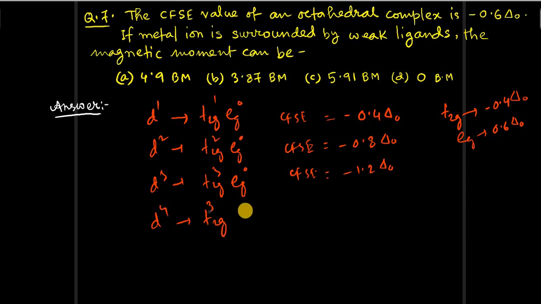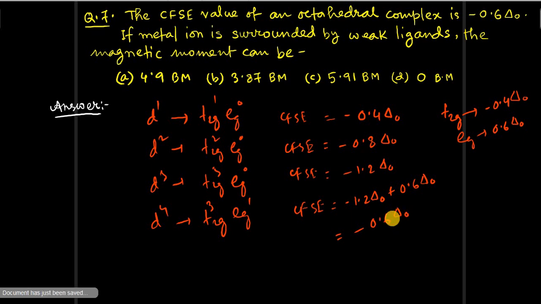Under weak field, it will be t2g3 eg1. So for the 3 t2g electrons, it will be minus 1.2 delta O, and for the 1 eg electron, it will be plus 0.6 delta O, giving you ultimately minus 0.6 delta O, which is matching with our given CFSE value.